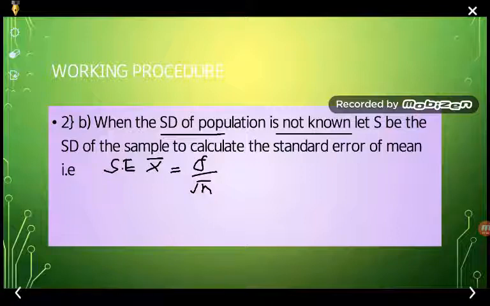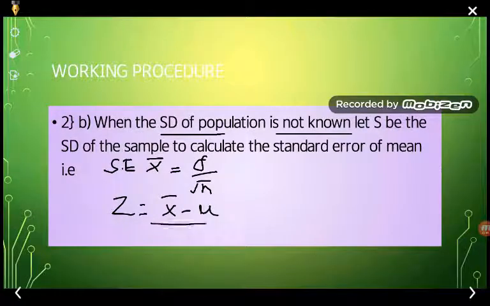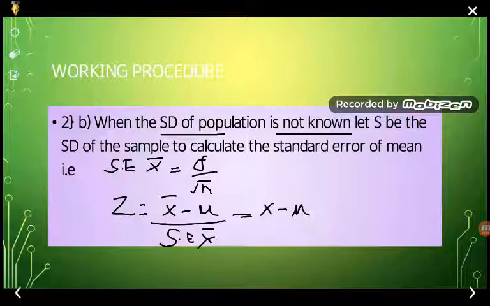So Z can be written as Z is equal to x bar minus mu divided by the standard error of the mean.